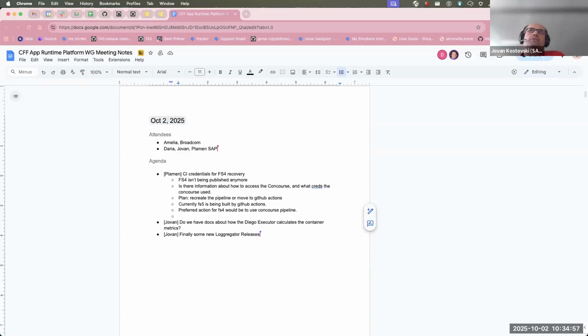I think there's somewhere in your Broadcom some kind of credential store, and you won't get access to them, as far as I had discussions with the other colleagues who are working in the logging and metrics team. So I guess the only option would be to migrate the pipelines to the CFF Concourse and generate new credentials. I don't know.